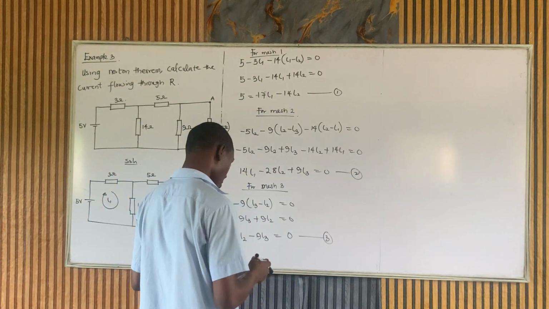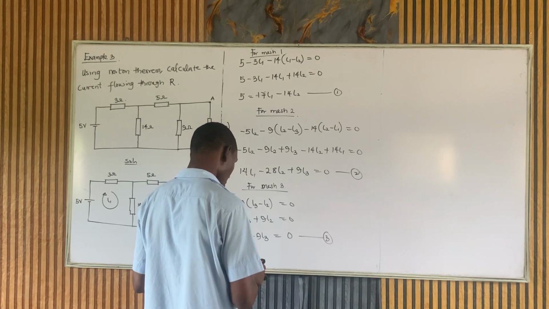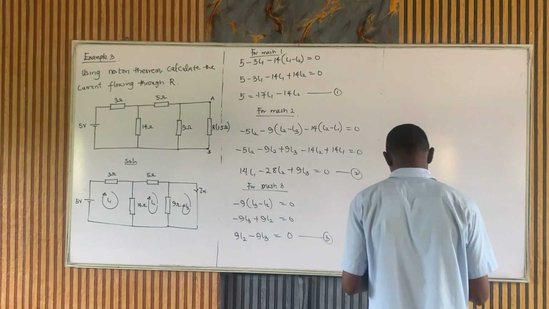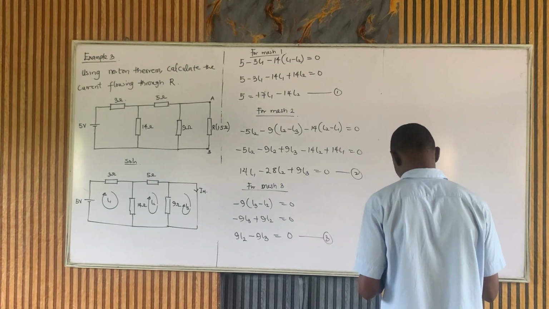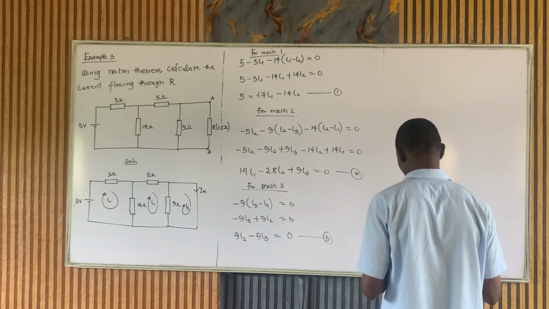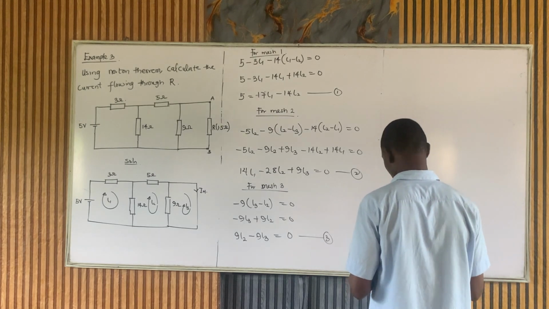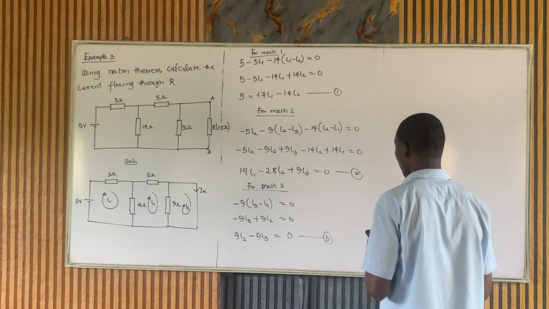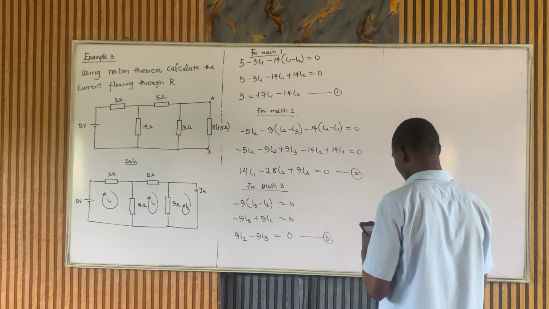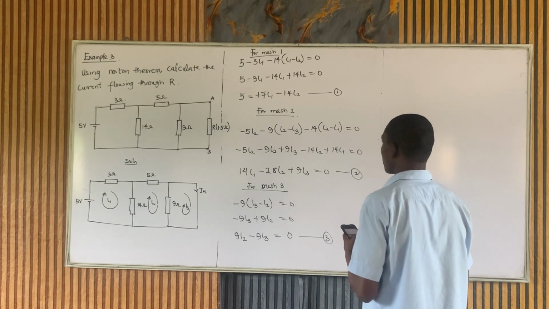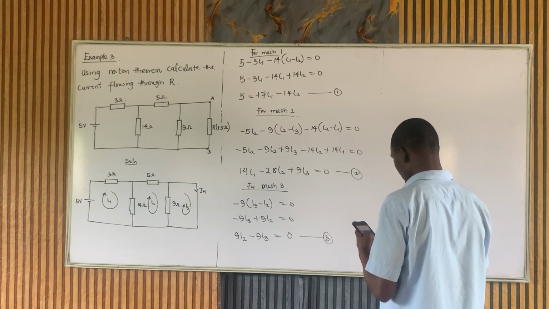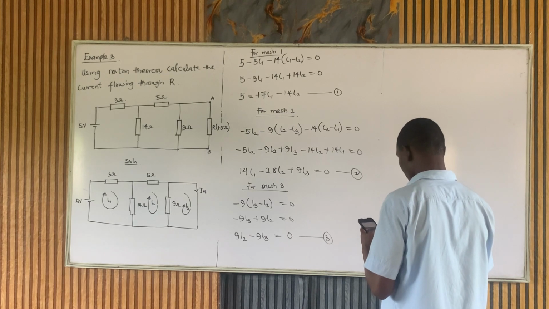So I'm going to use my calculator to solve this simultaneous equation. Solving 3 unknowns now, that would be 17, minus 14, 0, and then 5 for the first. The second one is 14, minus 28, plus 9 equals 0.